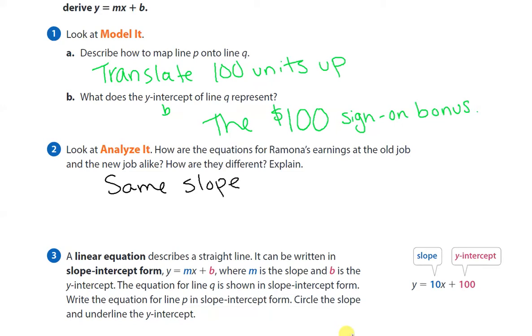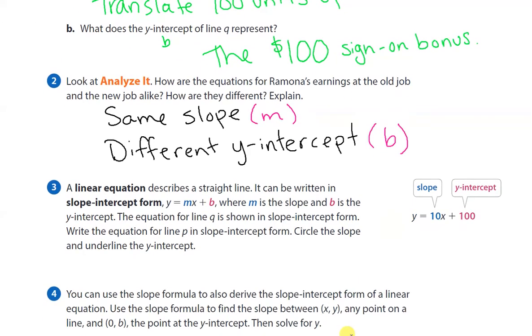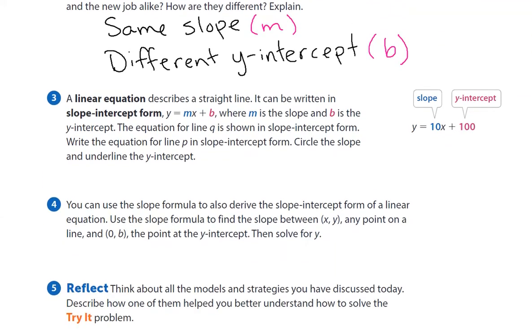But what's different? The y-intercept is different. Different y-intercept. And I'd like you to put a reminder for yourself. The slope is m, y-intercept is b. The more you write it down, the more it'll help you to remember it.